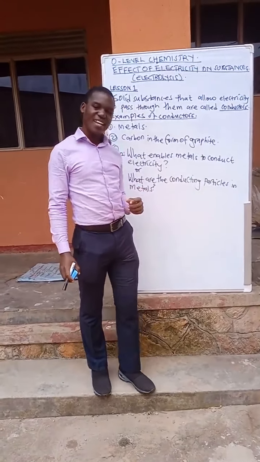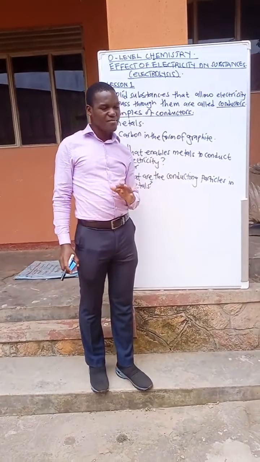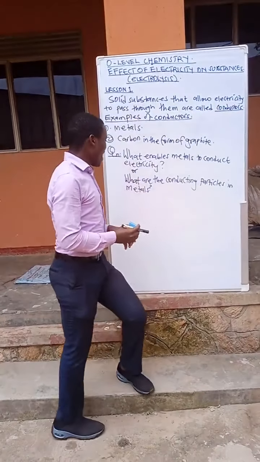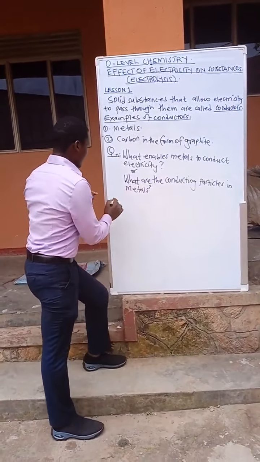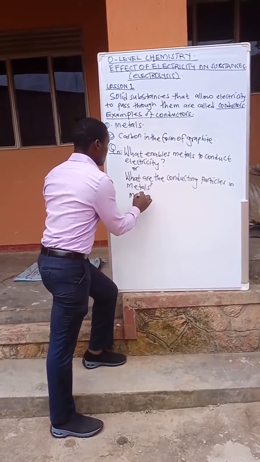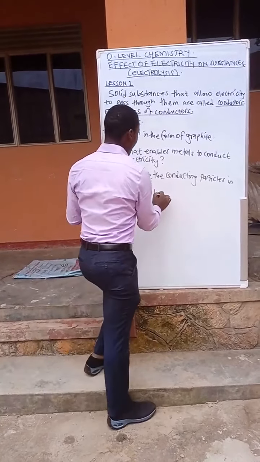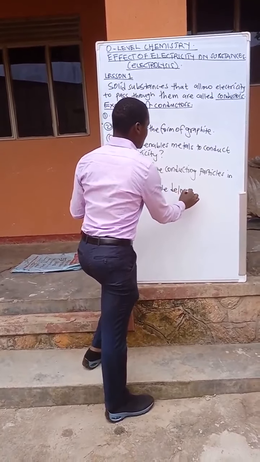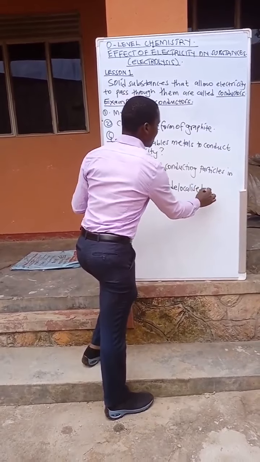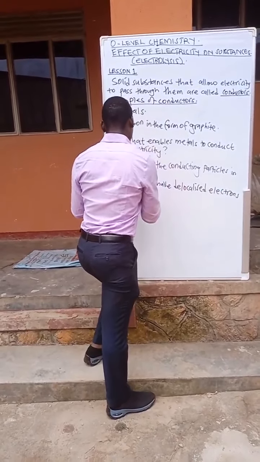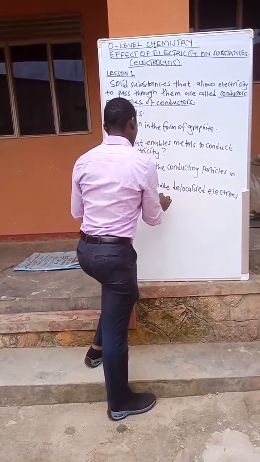What enables these metals to conduct electricity? All right. Now, the answer is, metals have delocalized electrons, which are mobile.